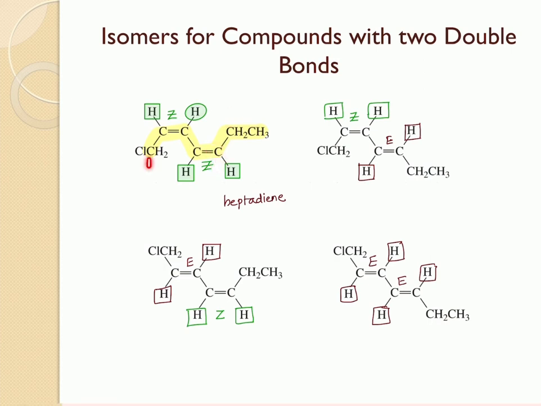But if you go in this direction, that puts the double bond in the second position. So obviously we have to number these carbons from here to the other side of the molecule. So the double bonds are now at carbon 2 and carbon 4. So this is going to be 2,4-heptadiene.